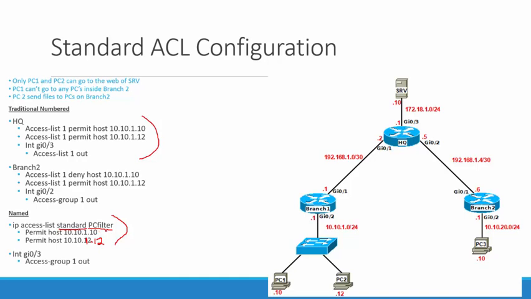But anyway, this is just the named way of permitting these 2 guys up here. We still apply it to HQ, and then again apply it to the gig 0/3 interface going out. So just numbered, named.